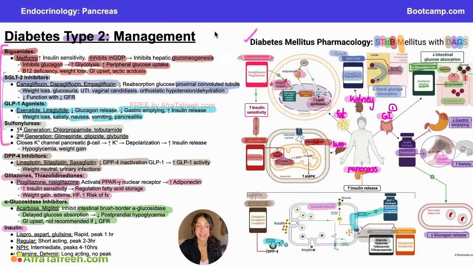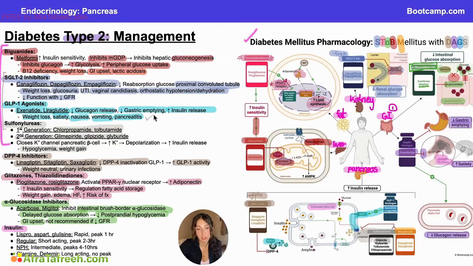Well, right off the bat, we know that an A1C of 7.3 is high. Our goal is below 7. So his diabetes is not perfectly managed here. He's already on metformin, so we need to choose an additional agent to help control his diabetes. Going down our list on the side here, we could choose an SGLT2 inhibitor, we could choose a GLP-1 agonist or a sulfonylurea, but he has a history of pancreatitis.